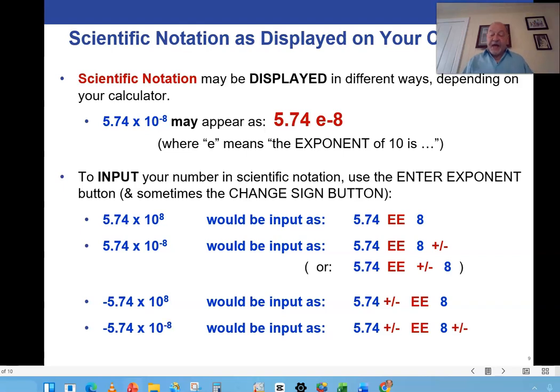And finally, negative 5.74 times 10 to the negative 8 would be input as 5.74, change sign to change the sign of the 5.74, enter exponent, and then 8, and then change sign, or on your calculator, change sign and then 8. Again, check with your calculator, and make sure it displays properly once you've done that. And now you know how to actually input it on your particular calculator.